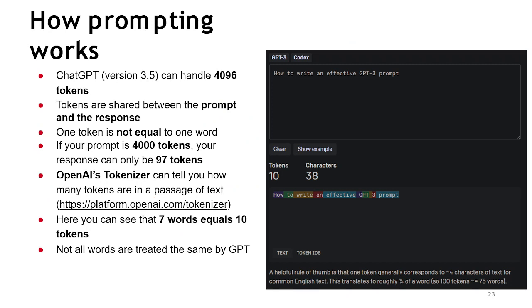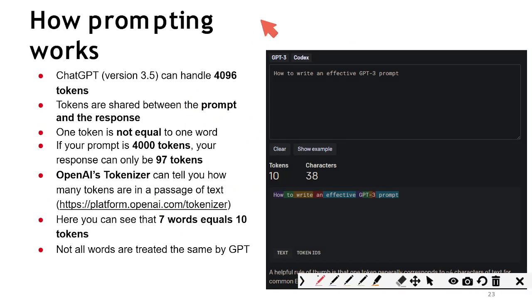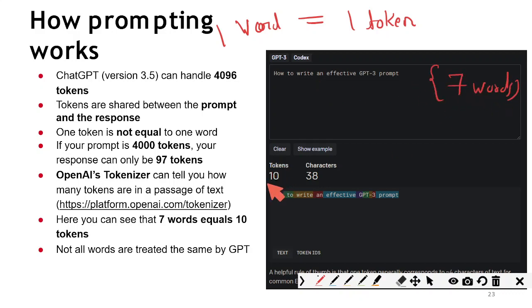So this is how the prompting works. In layman's terms, you can understand that one word is equal to one token, right? But that is not usually the case. For example, you can see that here we have 7 words, but at the same time there are 10 tokens.